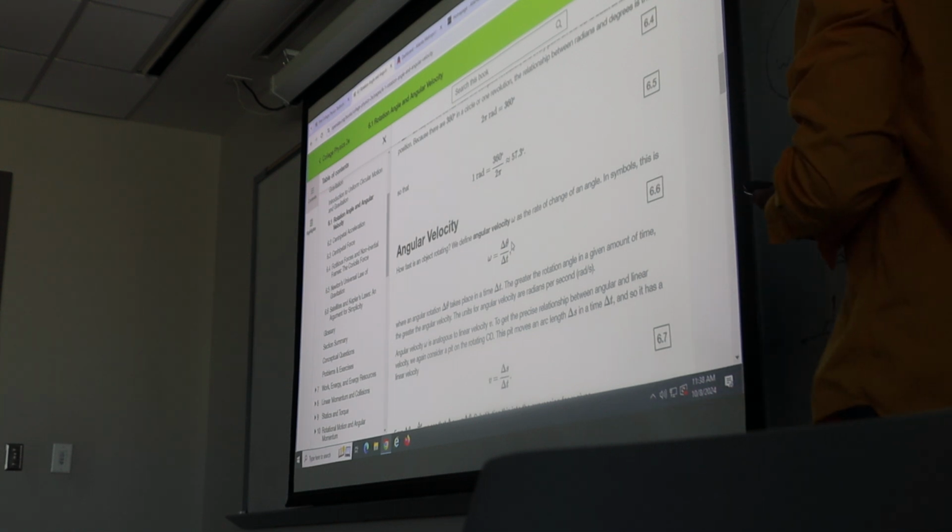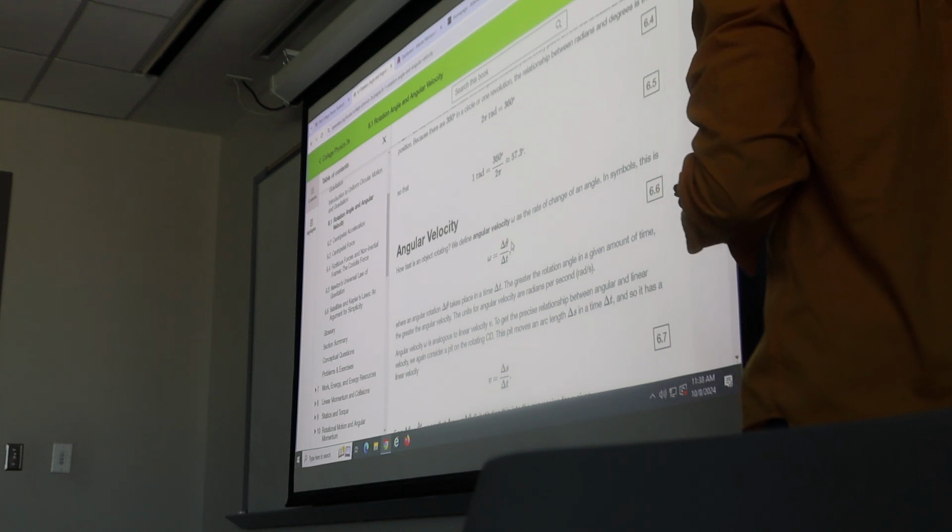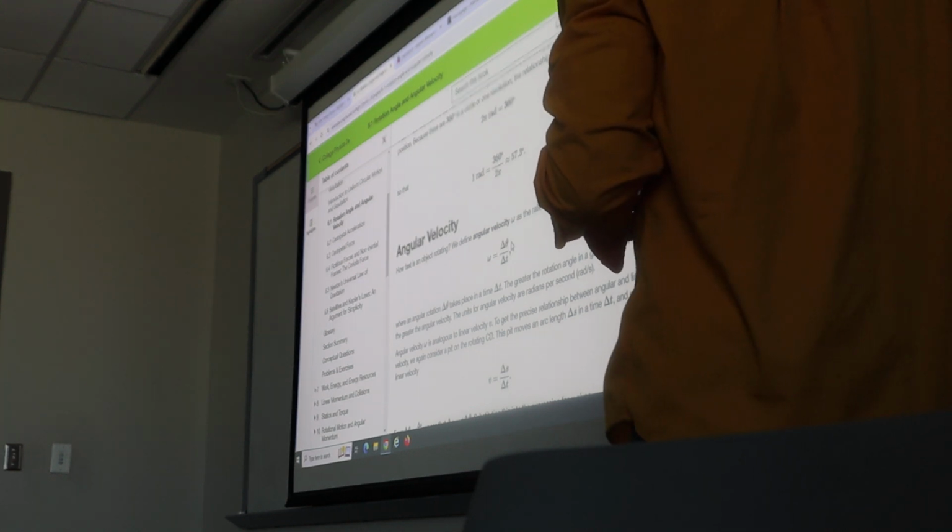One thing that you might have seen before is RPM in a car, rate per minute.